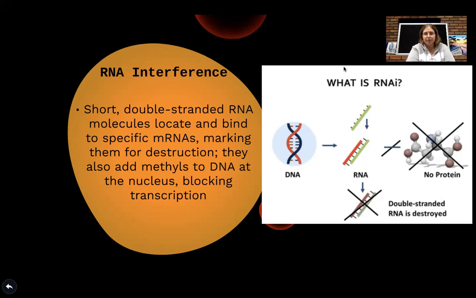them for destruction. So we have our DNA, we transcribe it to make this red RNA here. That's the messenger RNA. But if the RNAi binds to the mRNA, so the RNAi starts out single-stranded, but then it binds to the mRNA, causing it to be double-stranded.